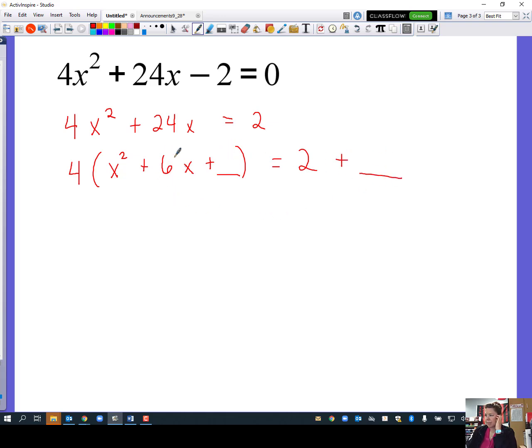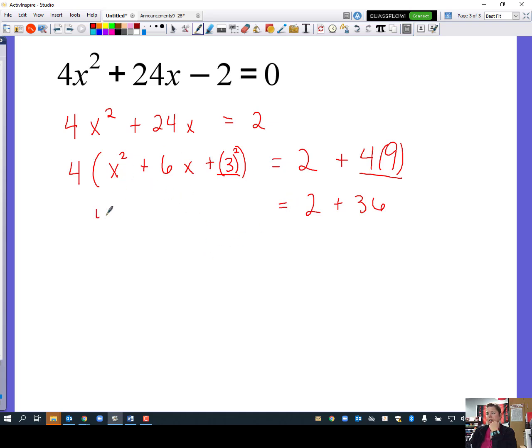Same idea, we'll take this term and divide it by 2. So 6 divided by 2 is 3, and 3 will be squared, and 3 squared is 9. You would be tempted to just say 9 here, right? Well, the 4 is being distributed with this 9, so really this is 4 times 9, or 2 plus 36.